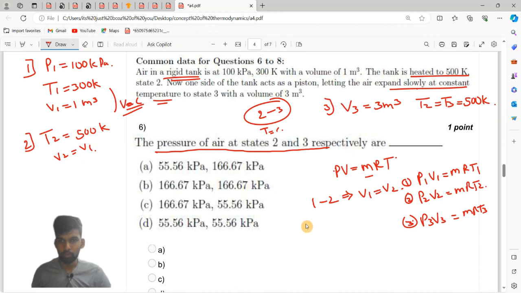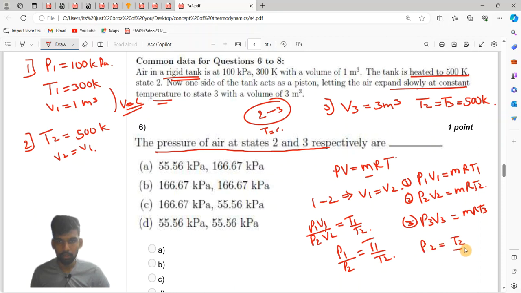So for 1 to 2, we can take a ratio, P1 V1 over P2 V2 is equal to T1 by T2. Volume is constant, V1 and V2 are equal, so they will cancel out. So P1 by P2 is equal to T1 by T2. So P2 will be equal to T2 by T1 times P1.